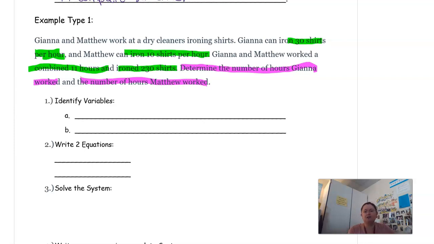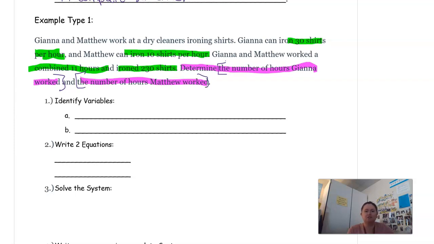Okay, so you guys have already practiced identifying variables a little bit, but you only had to pick. Now you have to actually write. And honestly, what I like to do is I come in here and I just go, okay, determine. All right, it's going to be the number of hours Gianna worked, and the number of hours Matthew worked. There we go. There's my two things.